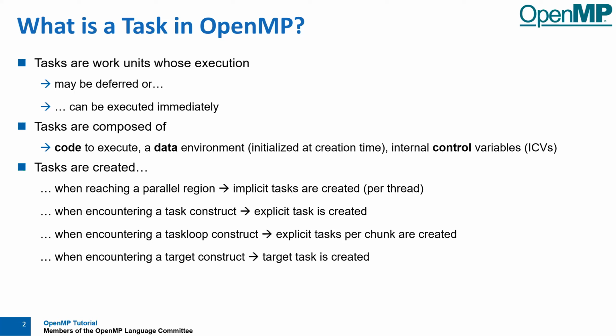And way later in the webinar series, we'll also talk about the target construct, which in OpenMP is deemed a task generating construct. When you send something to a GPU for offloading and computation, this is also considered an OpenMP task. That gives some nice mechanisms that we'll explain in the GPU part of this tutorial.